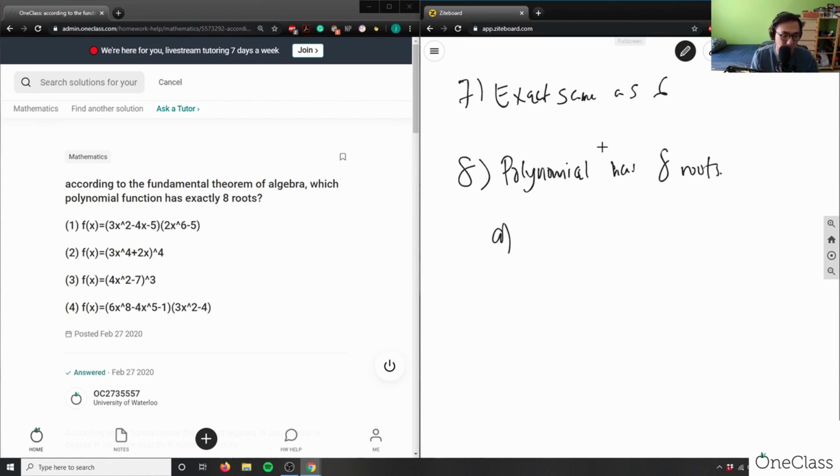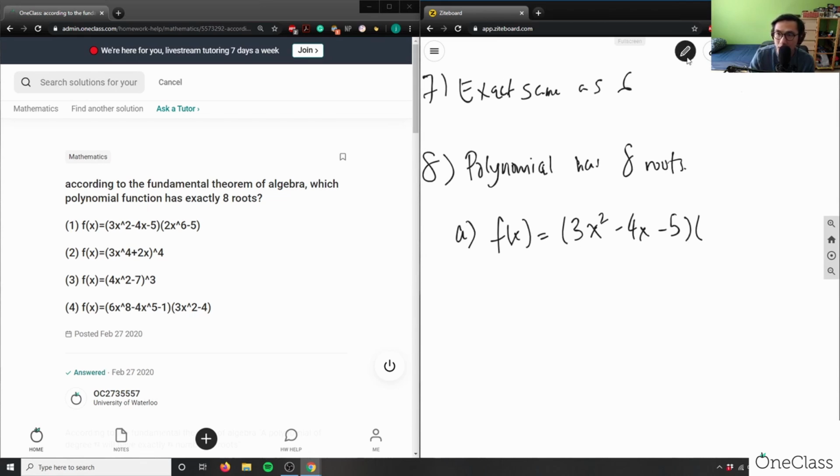A here states that f of x equals 3x squared minus 4x minus 5 times 2x to the power of 6 minus 5. And then B here states that f of x equals 3x to the power of 4, to the power of 4.